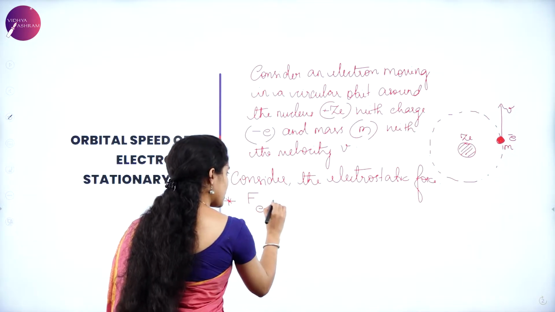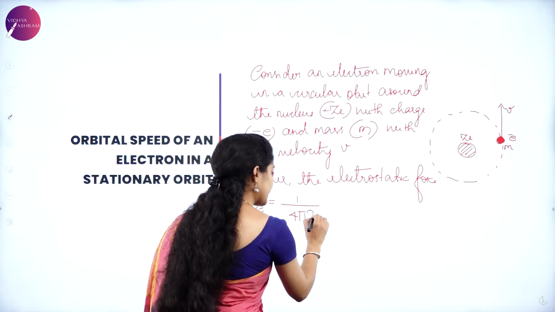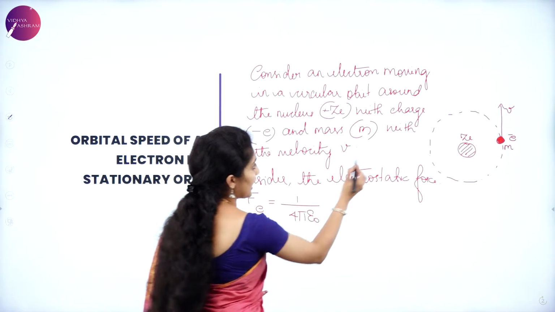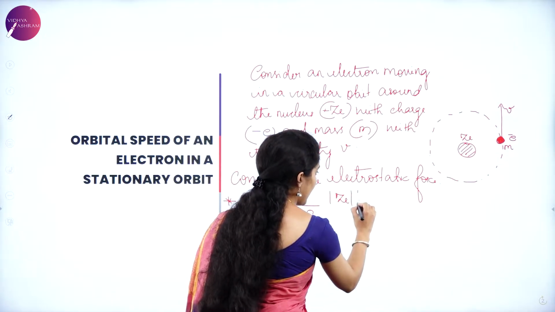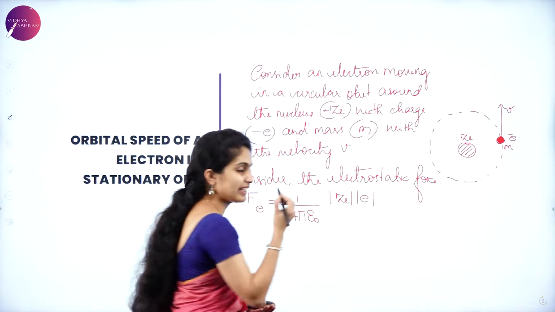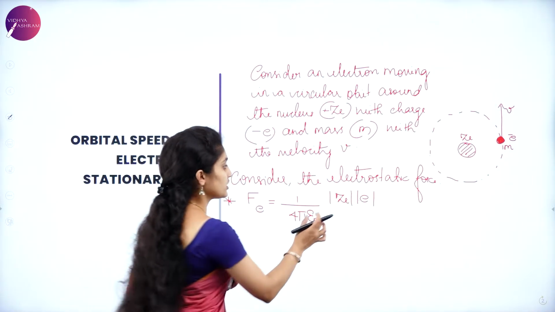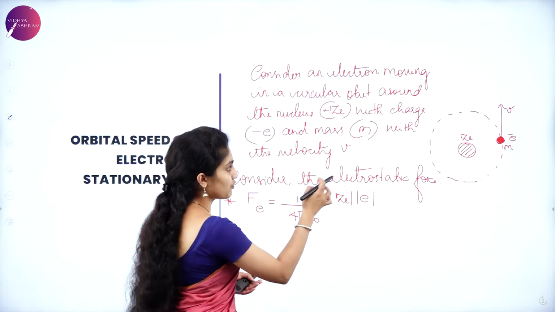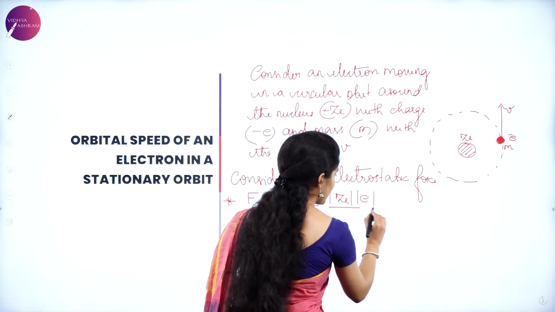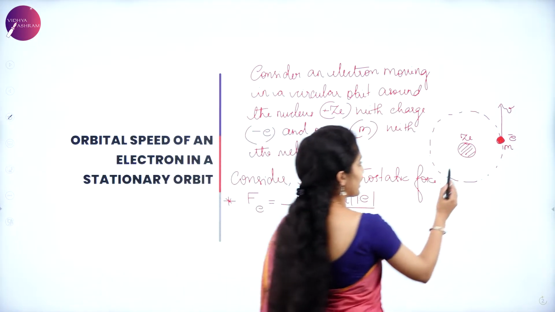The electrostatic force of attraction is given by 1 by 4 pi epsilon naught, and the charges are mod of Ze and e, that is minus e. When the mod condition comes, minus goes out. So this is the charge of the nucleus, and e is the charge of the electron which is revolving around the nucleus in a stationary orbit, divided by the square of the distance between them.